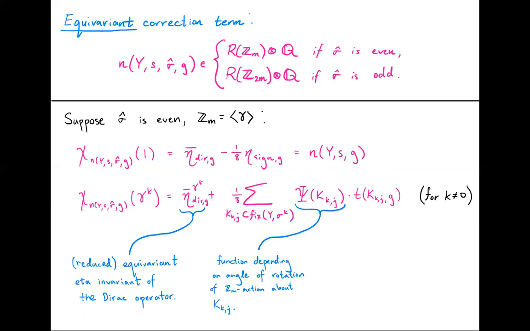We look at the sigma to the k fixed point set of Y and sum over all components K_kj sitting inside of there. It's in general just going to be a union of knots. For each knot, psi is some product of trig functions. And T is a differential geometric torsion invariant, which captures information of G near the fixed point set.